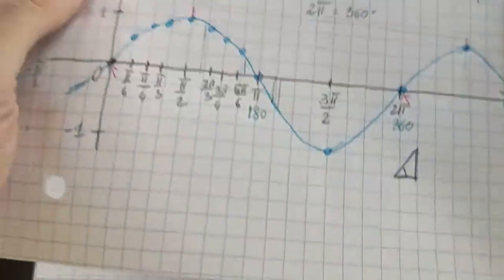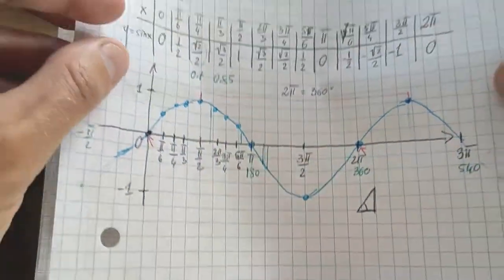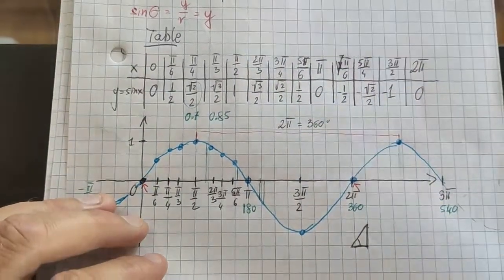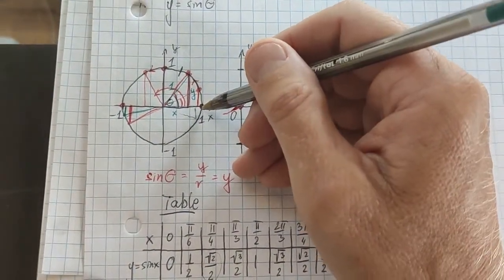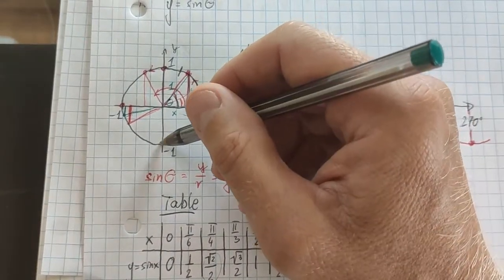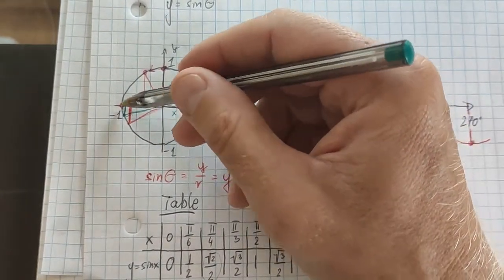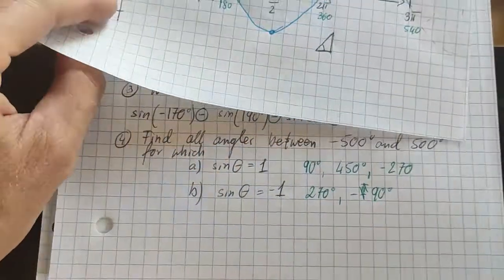Okay, and then let me look at that circle now. So if I'm going towards negative directions, I'll have negative 90, and that's going to be negative 360 plus 90, negative 450.